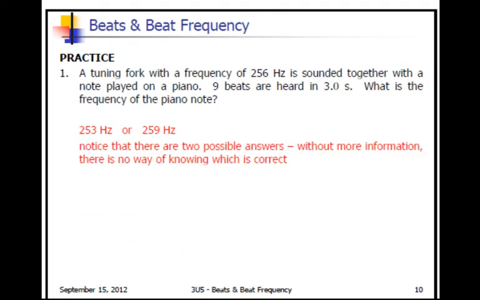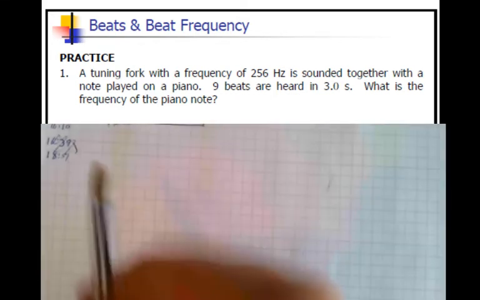This question says we have a tuning fork with a frequency of 256 Hertz, and it's sounded together with a note played on a piano. 9 beats are heard in 3 seconds. So what is the frequency of the piano note? Well, I'm going to show you how to do algebra with an absolute value because it's slightly different. Let's turn this camera on.